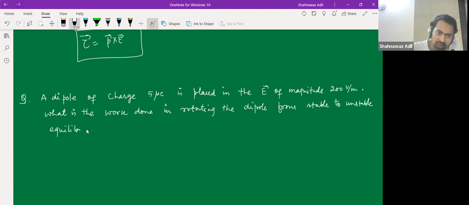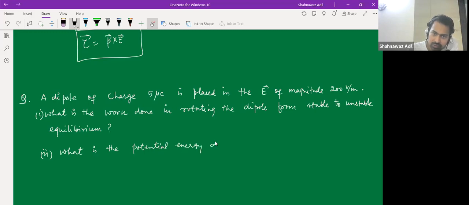I guess you have already done this question, but please do it. The second question is: what is the potential energy difference? And the third one is: what is the potential energy at, let's say, 60 degrees?